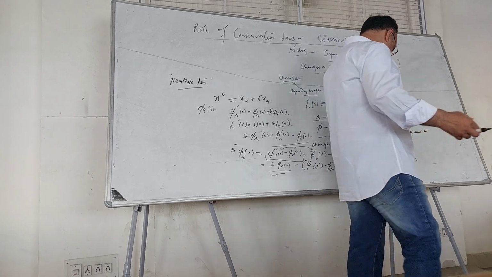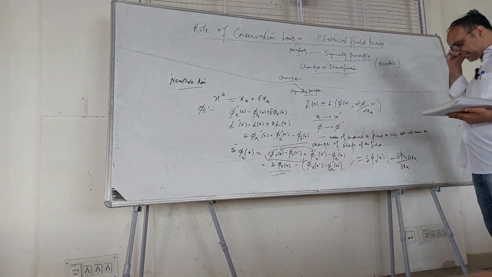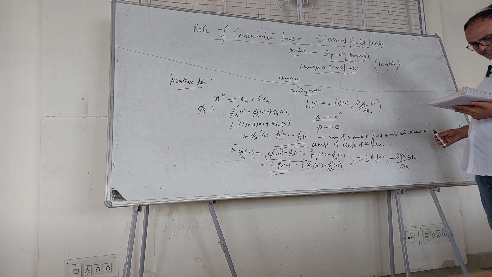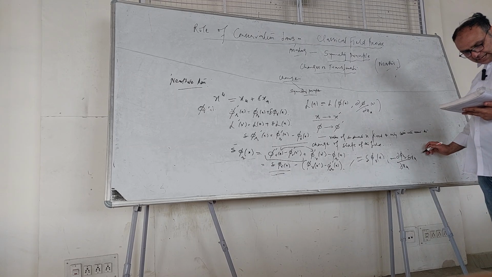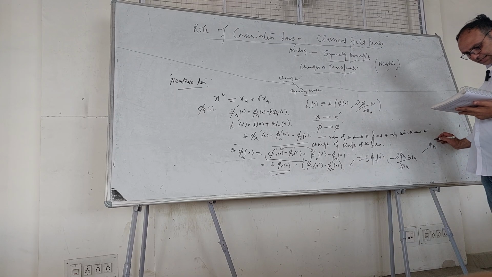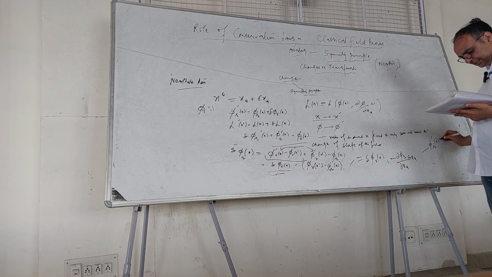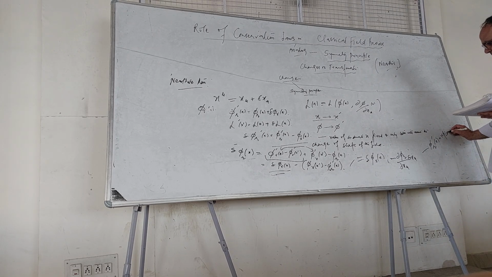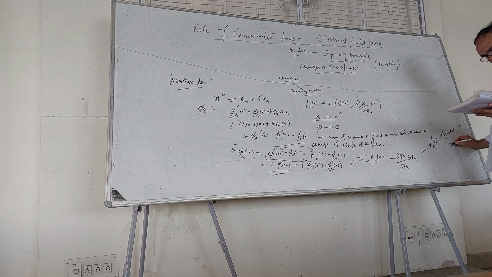Such that we have used the first term of the Taylor expansion, such that we can say in the lowest order, phi r prime x is replaced by phi of r x.